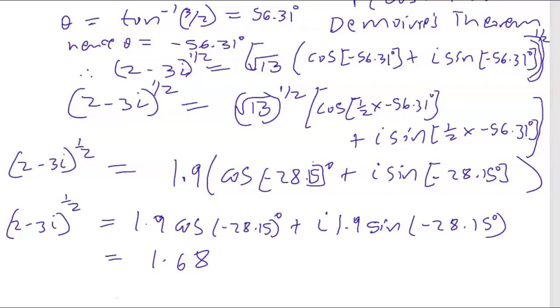And what we'll do is 3 decimal places, 1.675 approximately. And then 1.9 sine negative 28.15 degrees, that's minus 0.896i. Alright, so 2 minus 3i raised to the power of half is equal to this.